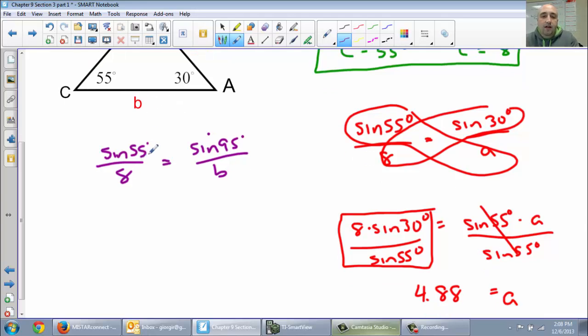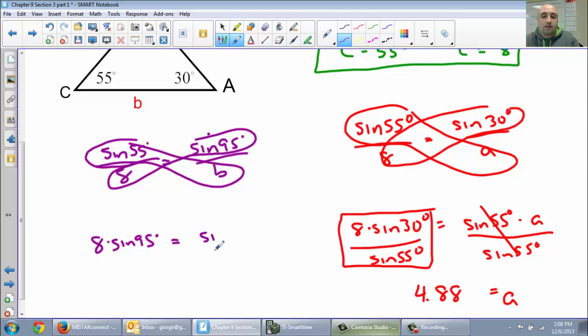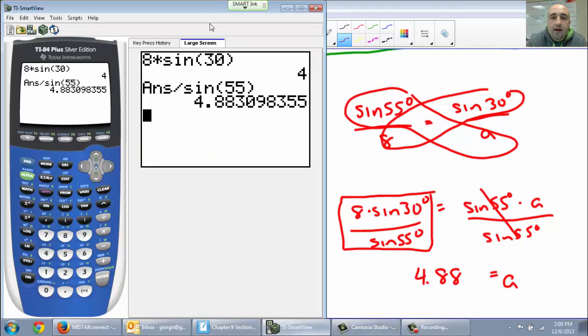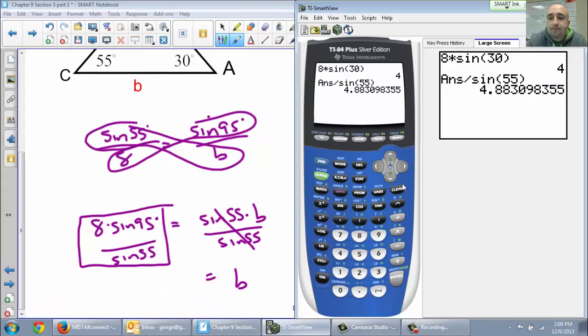We're going to cross multiply again. 8 times sine of 95 equals sine of 55 times b. And how do I get b by itself? I have to divide by sine of 55 again. Remember, that's 1. So once again we have a simple calculator problem that you should be able to do pretty easily. Let's do it now, and then we're pretty much done.